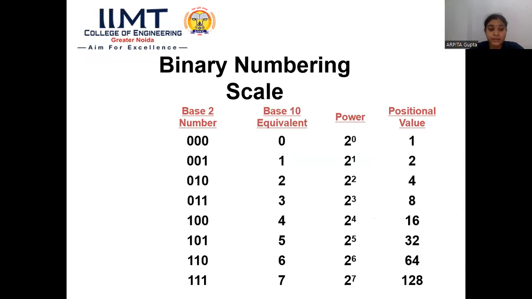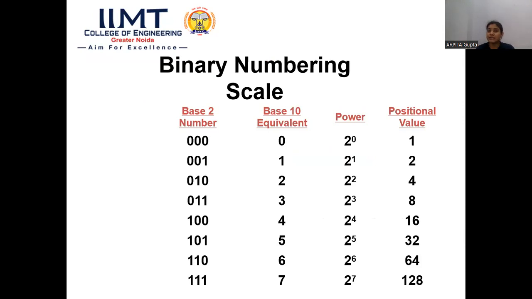Next one is the binary numbering scale. Binary has a base 2. If we talk about the powers of the binary numbering scale, for decimal number 0 the power is 2 to the power 0 with the positional value 1, because any number with the power 0 always gives the result 1.